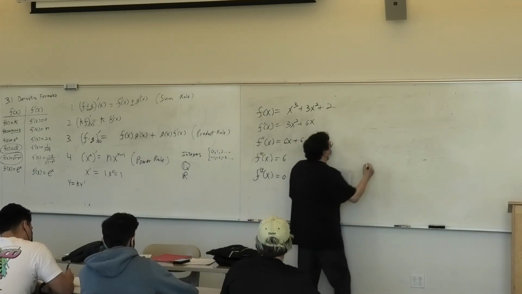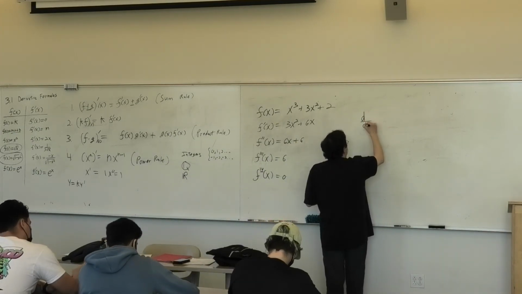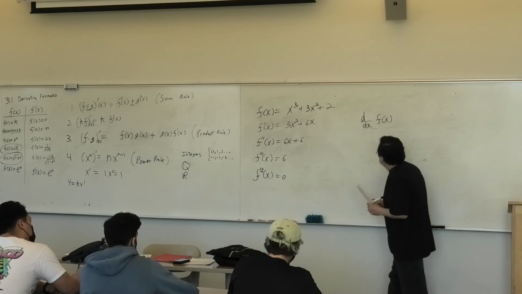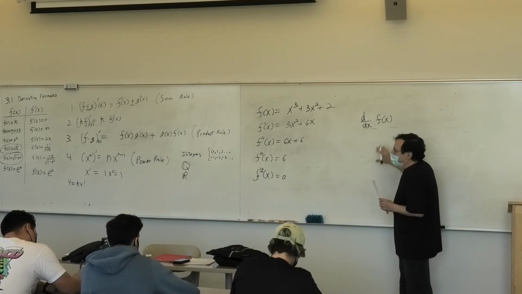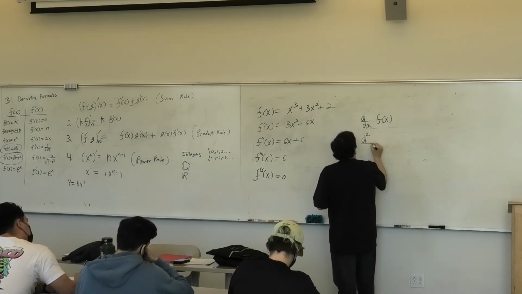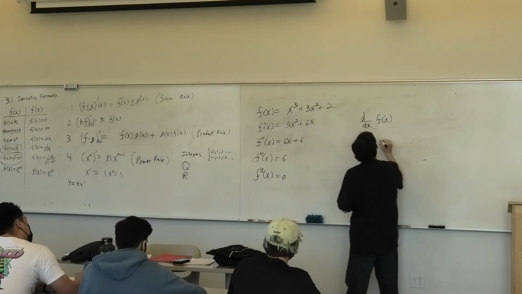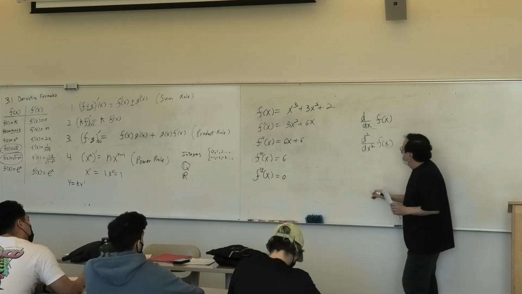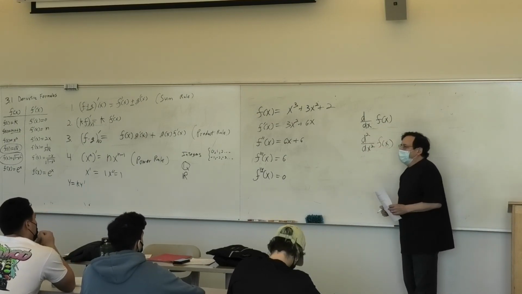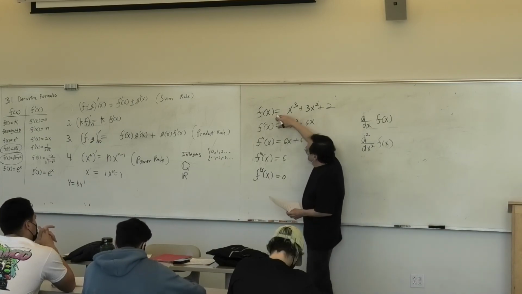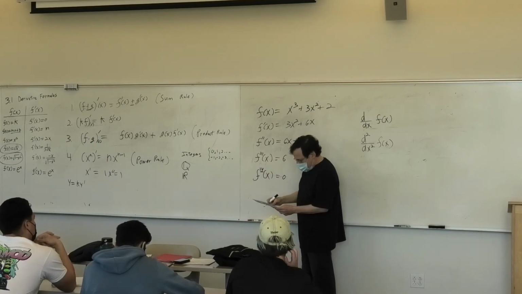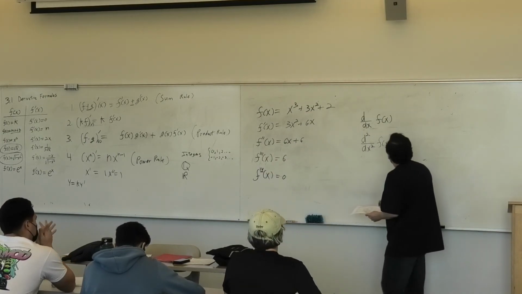Now, if instead we were going to use Leibniz notation, the way we would write the second derivative is d squared over dx squared of f of x, and so forth: third derivative, fourth derivative. It's just notation. It just means you have a function, you take the derivative, then you take it again, again, again. So that's the notation.